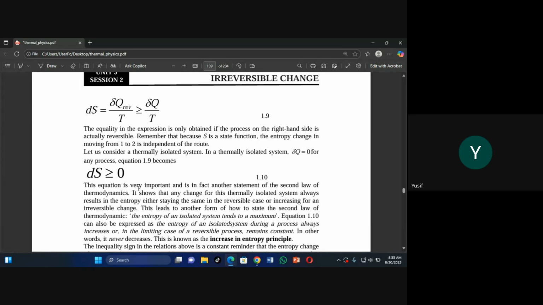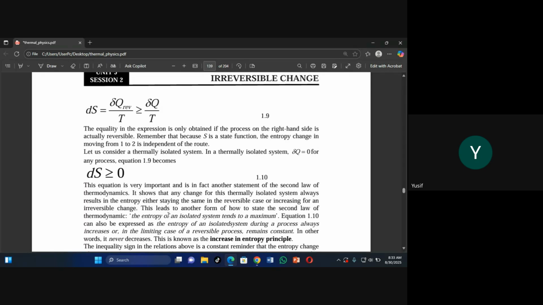Now, this equation is very important, and it's in fact another statement of the second law of thermodynamics. It shows that any change for this thermally isolated system always results in the entropy either staying the same in the reversible case or increasing for an irreversible change.